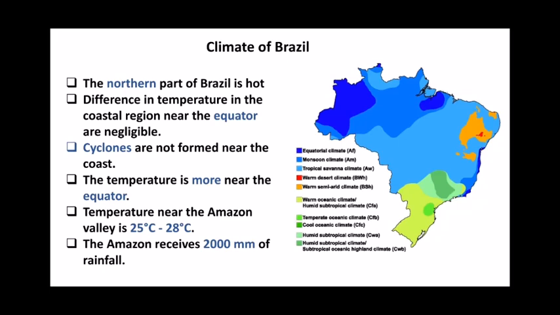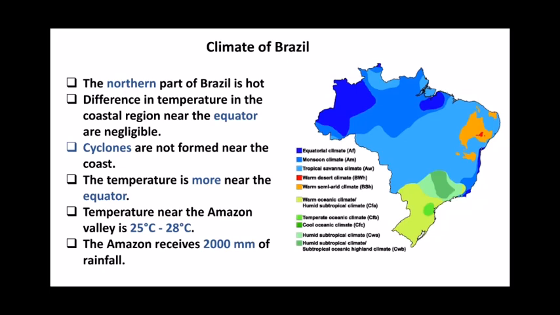Similarly, the convergence zone. So children, what is a convergence zone? It is a place where two trade winds meet each other. This convergence zone of the trade winds is weak in this area, so cyclones are not formed.